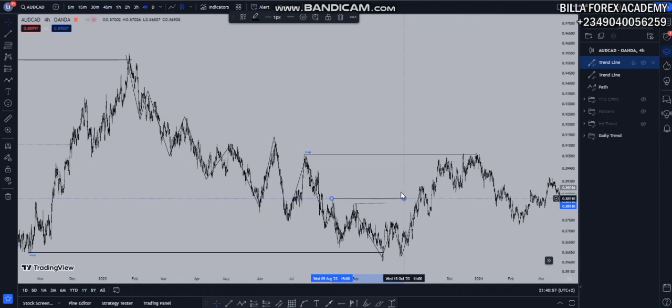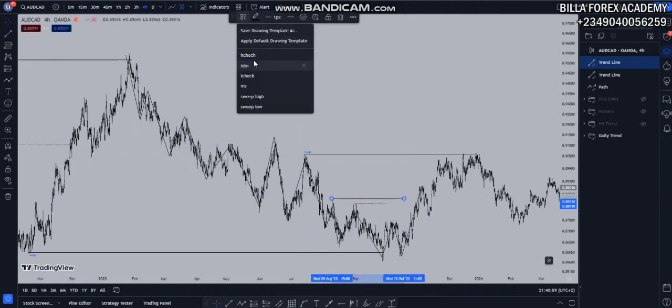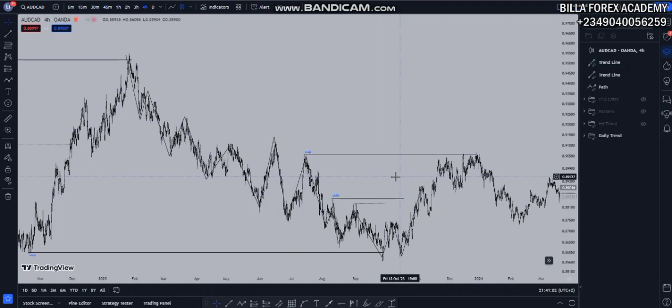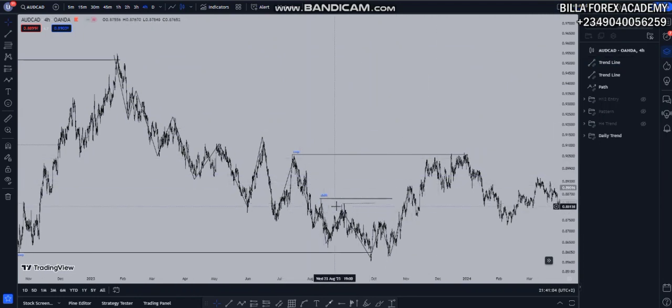Now once price breaks two zones, we call that our shift. To me, that is called my shift.